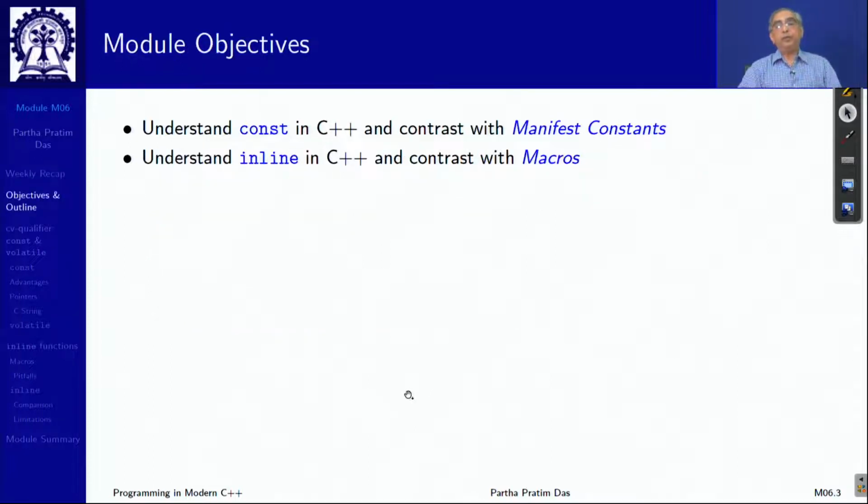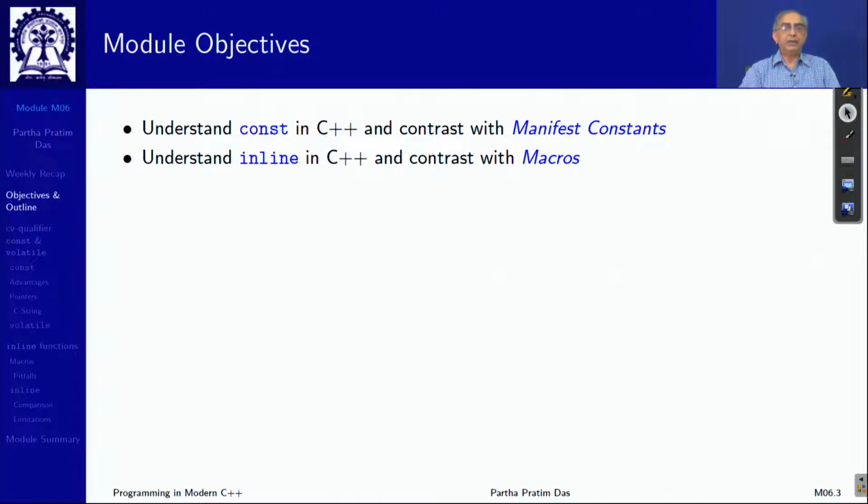Now, from the module today, we are actually starting to get into C++ per se, its features, and primarily we will start focusing on certain features of C++ which actually make it, I should say, a better C kind of a language.